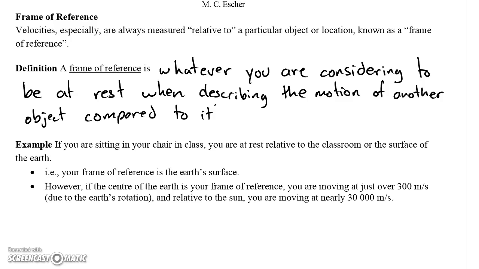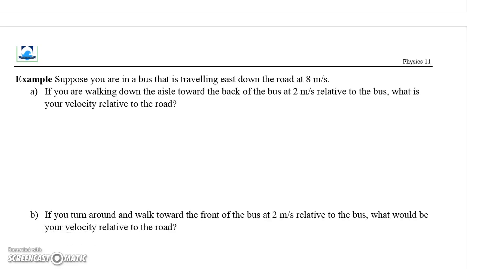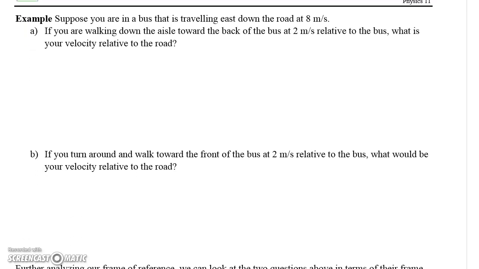Everything we've done this year has been a velocity compared to the surface of the earth, because that's just what we work with. Now we're going to start to get things a little bit differently. So let's look at a simple example, which we can figure out without any mathematics, and then we'll apply the mathematics to it after. You're on a bus. The bus is traveling east, down the road at 8 meters per second.